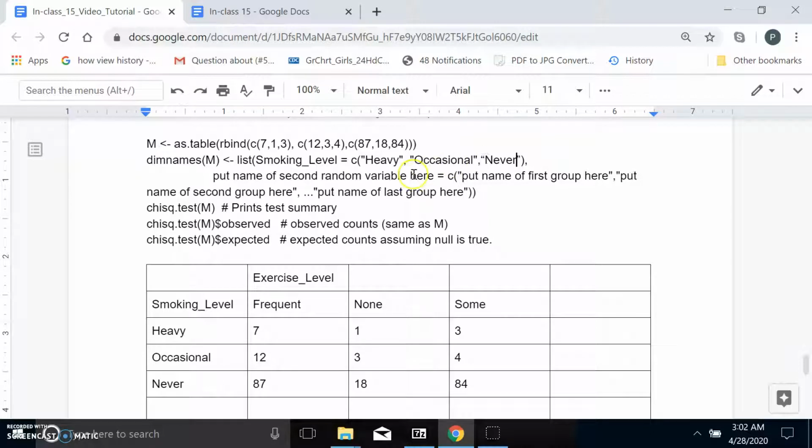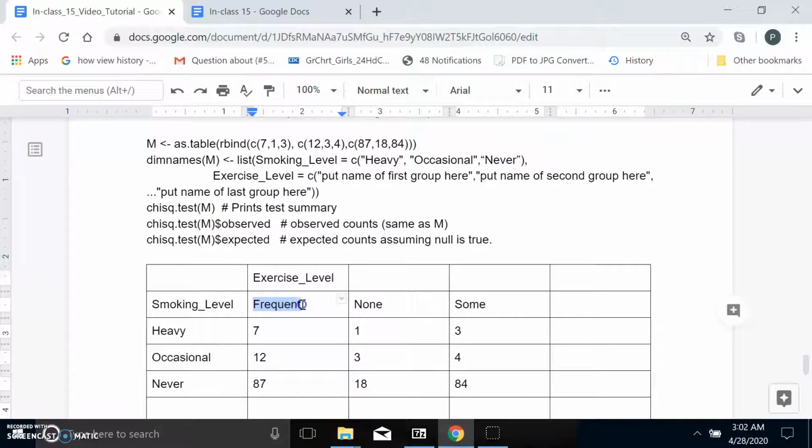Got that, and put name of second random variable, that's exercise level. Then we have frequent is the first one.